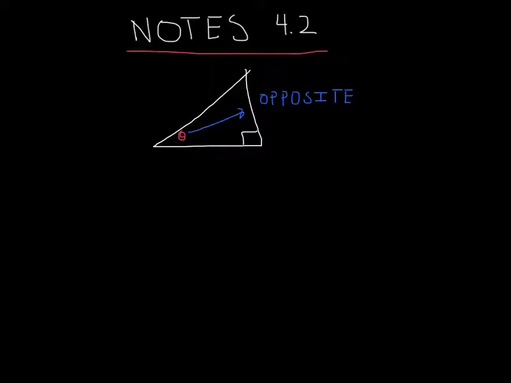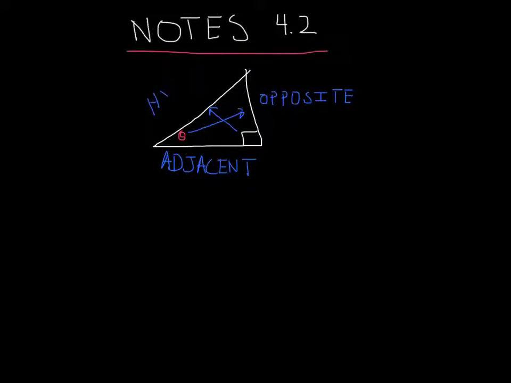All right, now the side that you cannot draw an arrow to, or the side that is next to the angle theta, we're going to call that the adjacent side. So that is your adjacent side. And the side across from the 90-degree angle, as you probably already know, is called the hypotenuse.